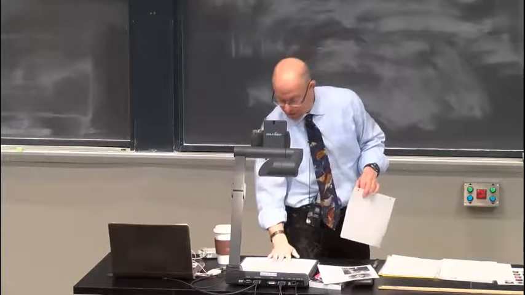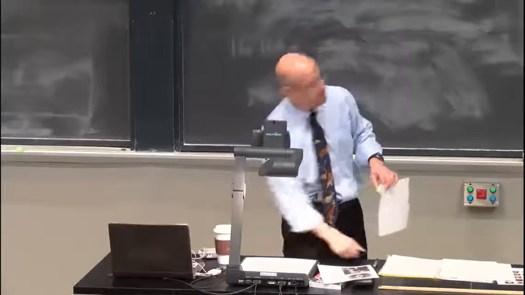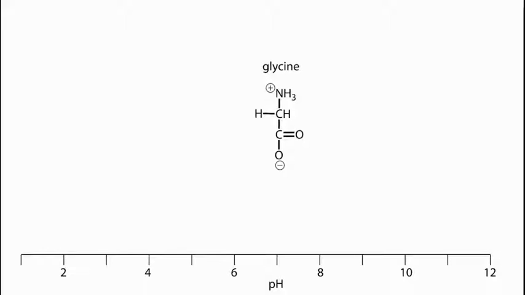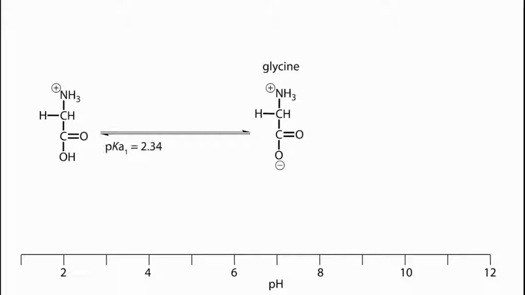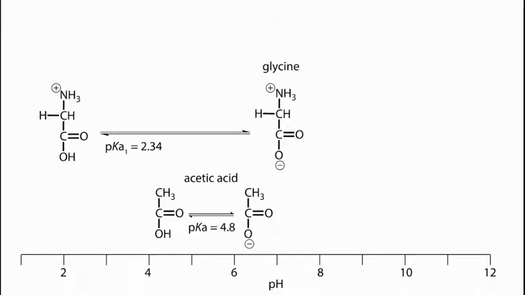There's something funny about these amino acids. Remember we said that carboxyl group had a pKa of around 2, right? But isn't that funny? Here's acetic acid. That's got a carboxyl group with a pKa of about 4.8. How come this carboxyl group's 2 and that's 4.8?